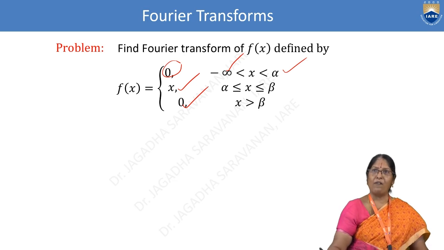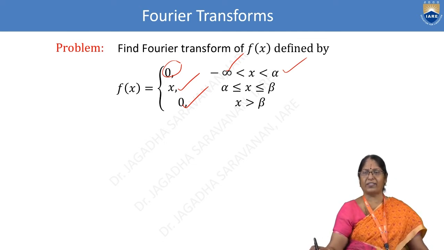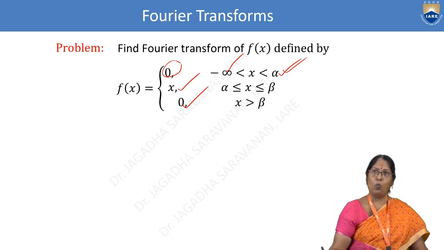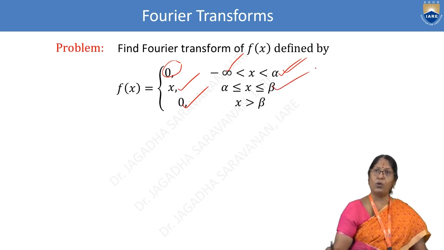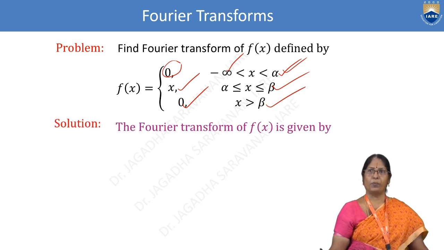So in our Fourier transform formula, minus infinity to infinity f of x into e power ipx dx, it should be split in such a way: minus infinity to alpha one time, alpha to beta one time, beta to infinity one time. So we solve the problem.